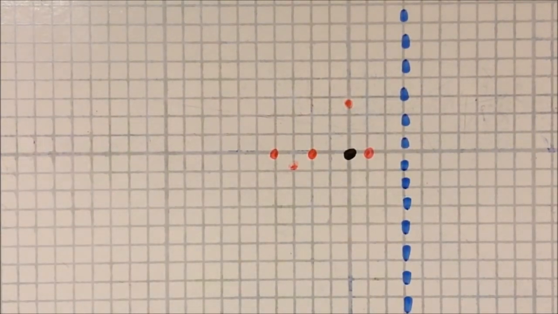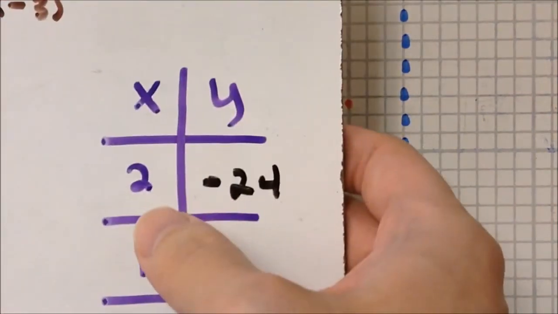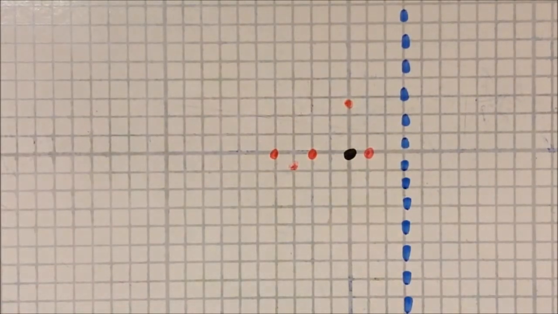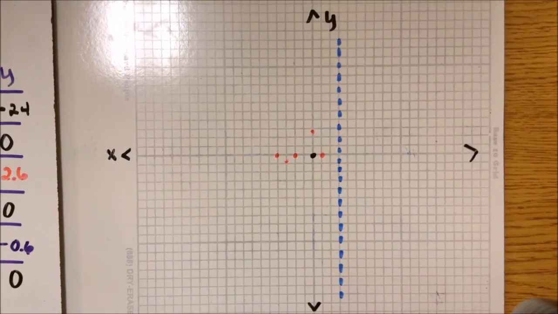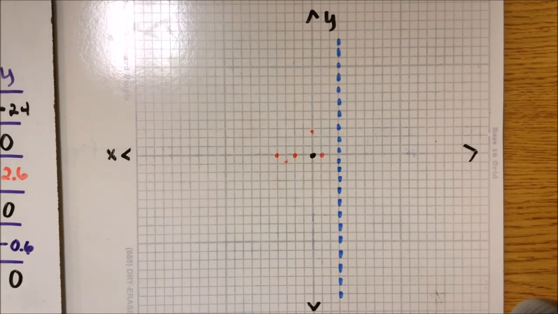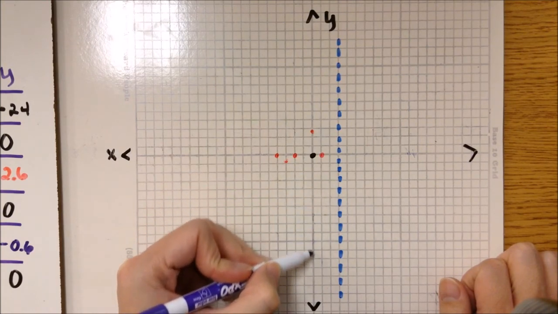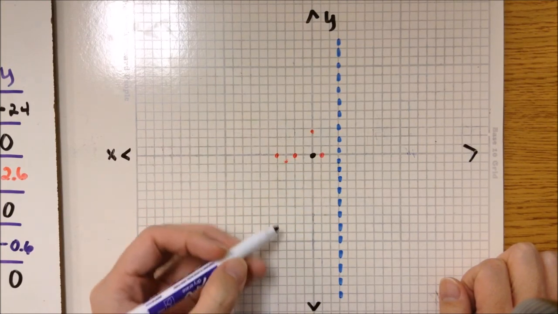Alright, now our last one is where it's 2, negative 24. So 2, negative 24 basically means it's going to be all the way at the bottom here. Now if I were to count, negative 1, negative 2, negative 3, negative 4, and so on, it's going to be somewhere down here beyond the graph.